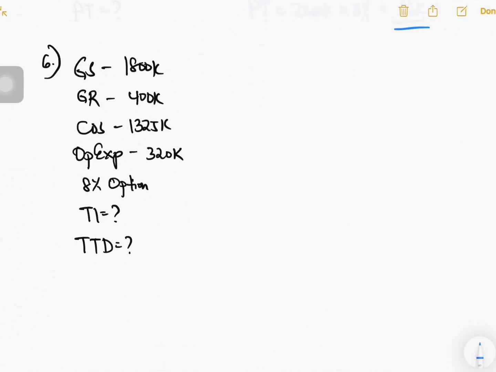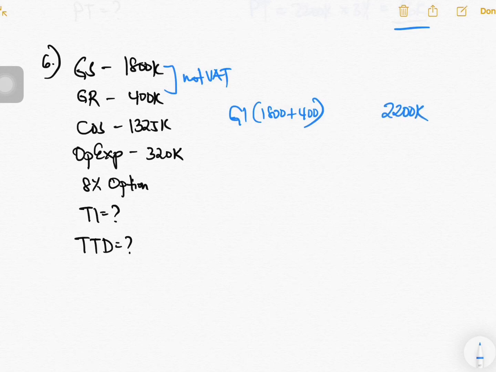Now, last item. You're given gross sales 1.8 million, gross receipts 400,000, cost of sales 1.325 million, operating expense 320,000, and you are using the 8% option because you were not able to exceed the VAT threshold, and you are tasked to compute the taxable income as well as the total tax due, meaning the combination of your income tax and business tax. So what's your gross income? 1.8 plus 400, this in 1,000, 2.2 million.